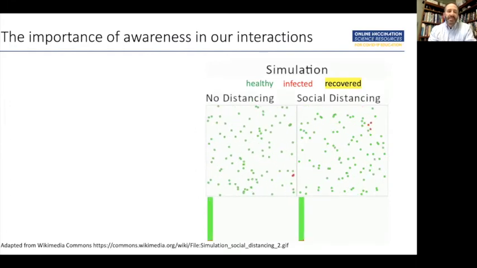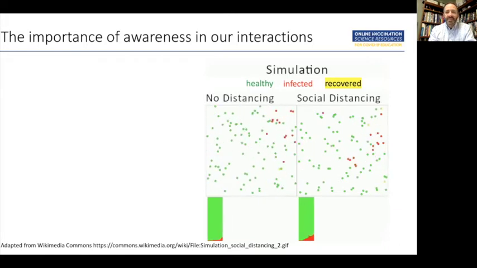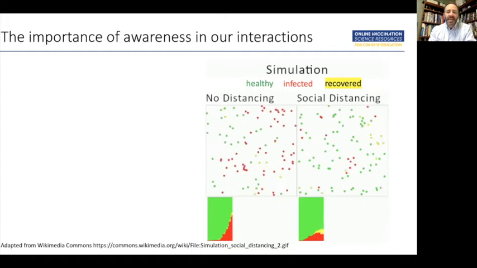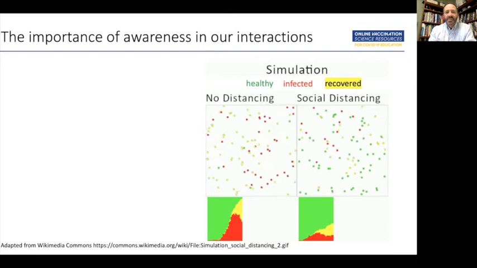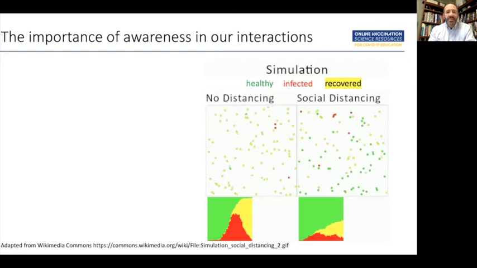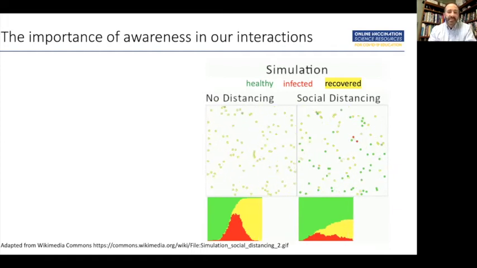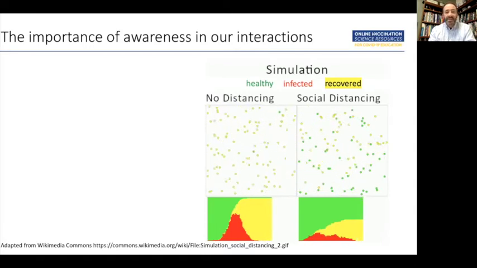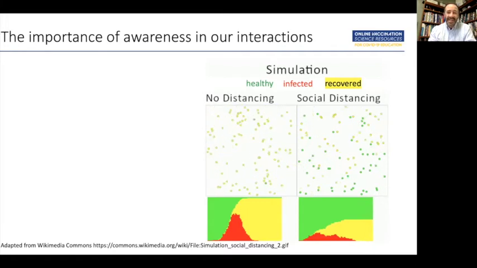So the first thing I want to talk about is the importance of awareness in our interactions, and what that means in different contexts. The animation on the right side of your screen shows a simulation of interactions among people when there are distancing guidelines in effect and people are obeying them, and when there are no distancing guidelines in effect.